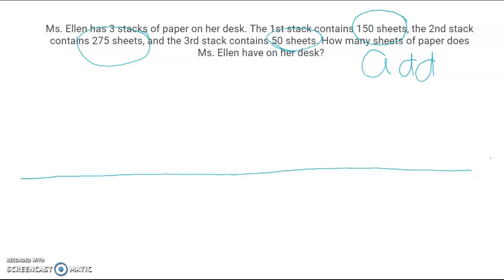So I have 2 options when I draw my number line. I can do one giant jump of 150, or since I know she has 150, I can draw my number line to start there representing that first stack.